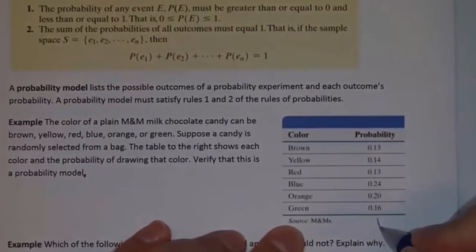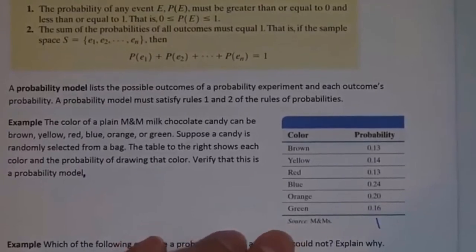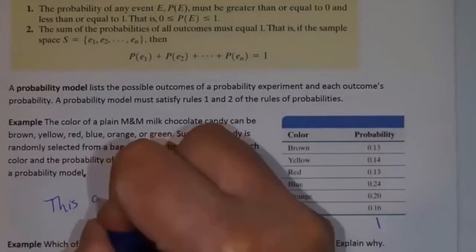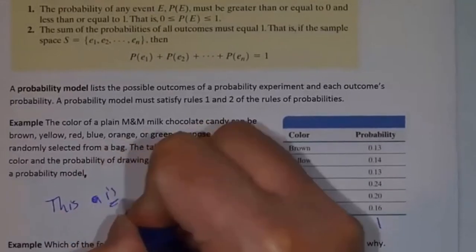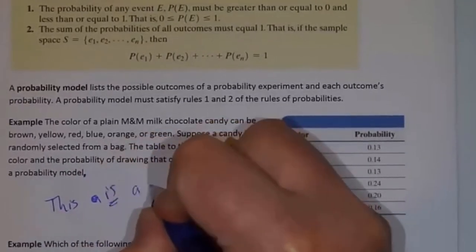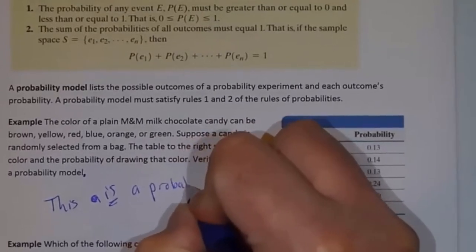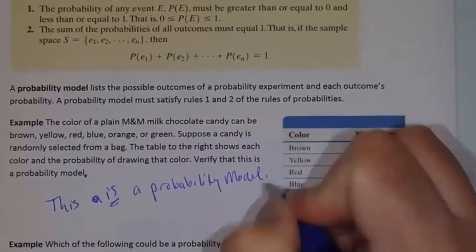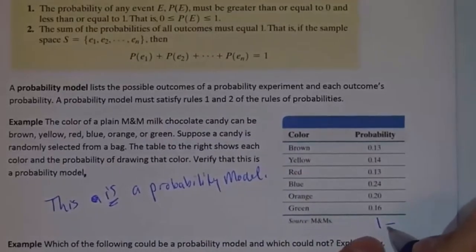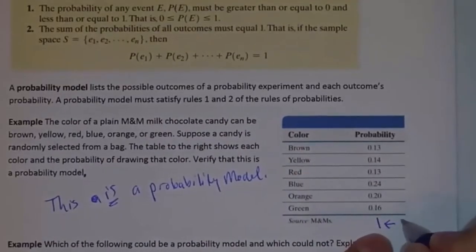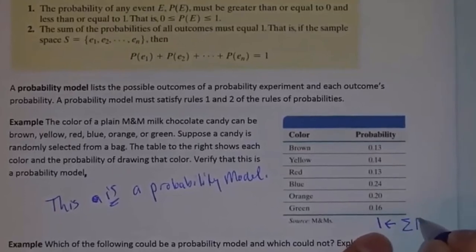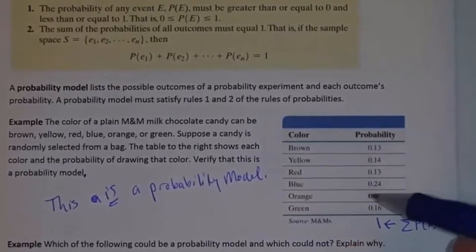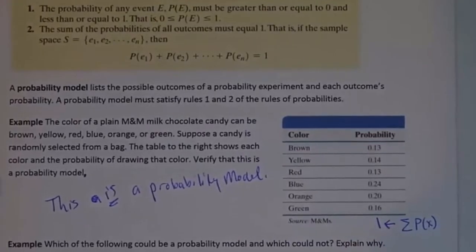So this is a probability model. Notation-wise, I will usually indicate this right here. That is the sum of P of X. I'm adding up the probabilities, and it adds up to 1.